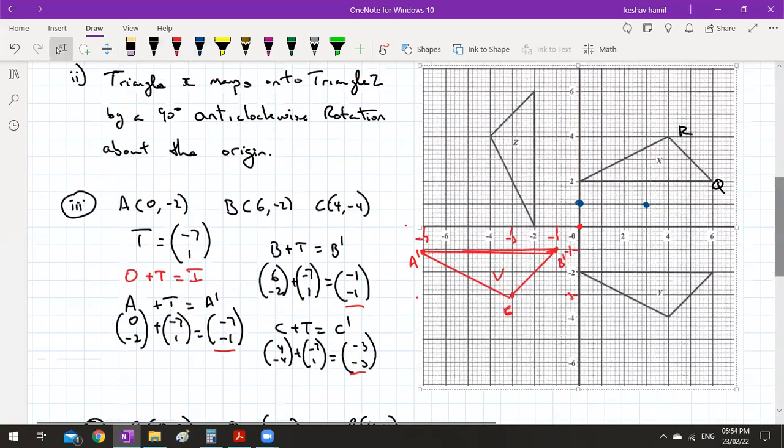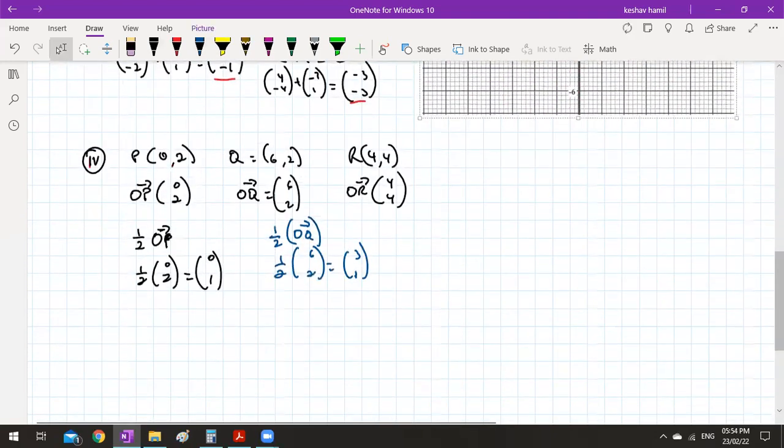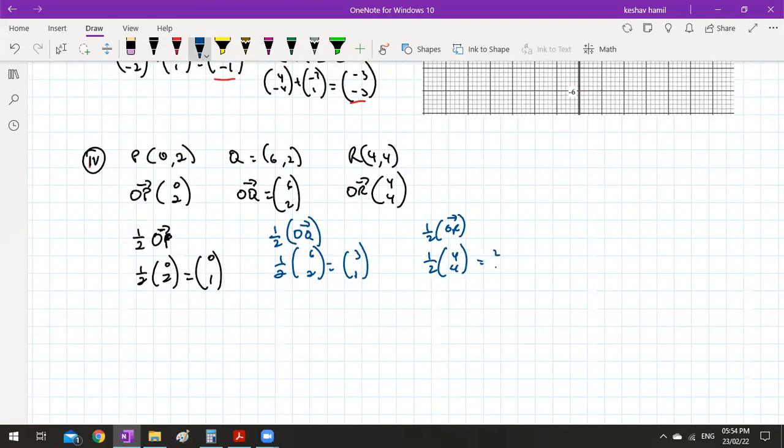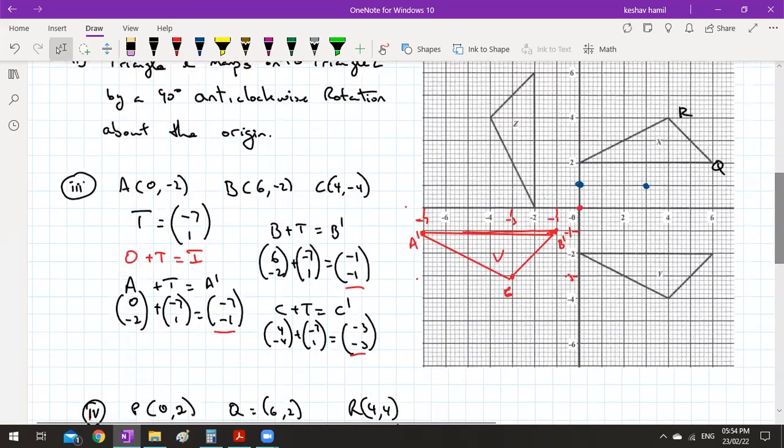Lastly, we want a half of OR. So a half of 4, which is 2, 2. So 2 on the x, 2 on the y, and then again using a ruler, draw a line.